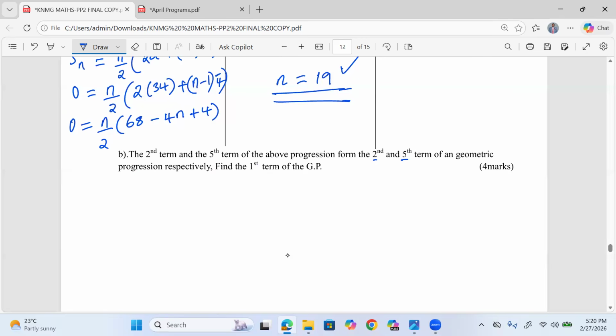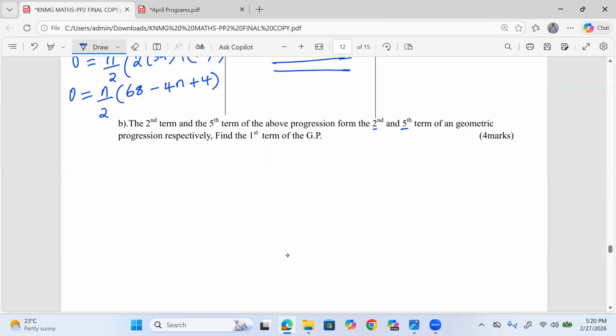So let us check here. What is the second term in our AP? The second term in the previous AP should be 34 minus 4. It becomes 30 because the common difference is negative 4.